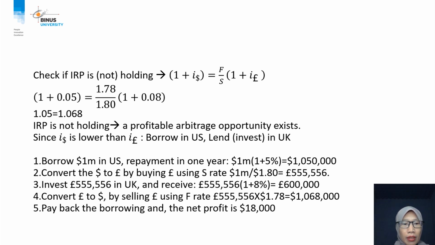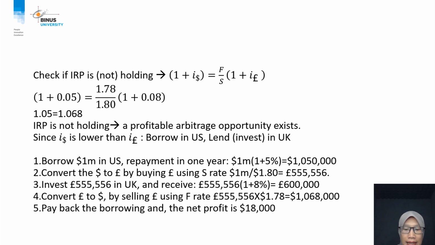So what do you think? IRP is not holding. That means a profitable arbitrage opportunity exists. Since the interest rate in the US is lower than the interest rate in the UK, you have to borrow in the US and invest in the UK.